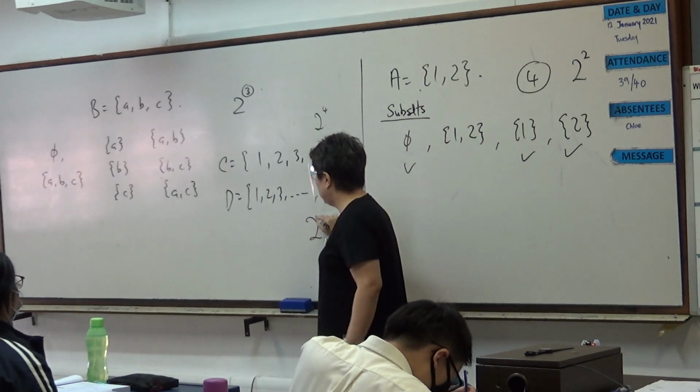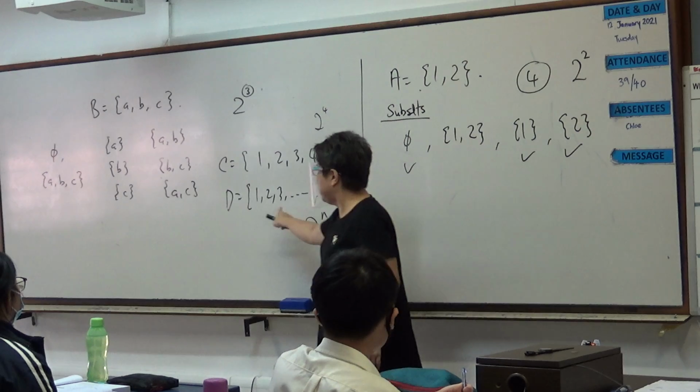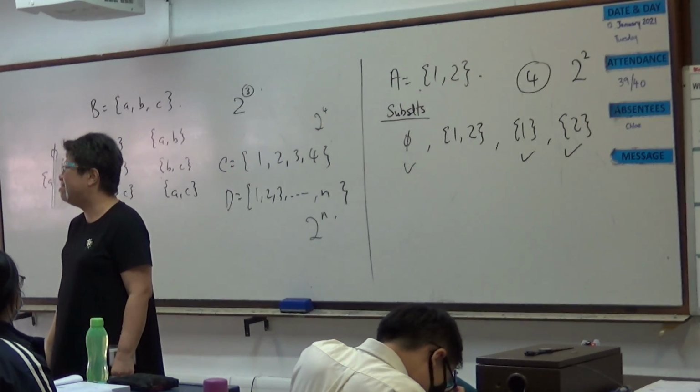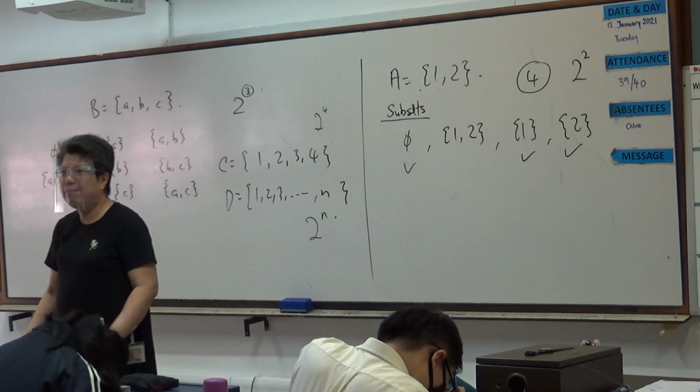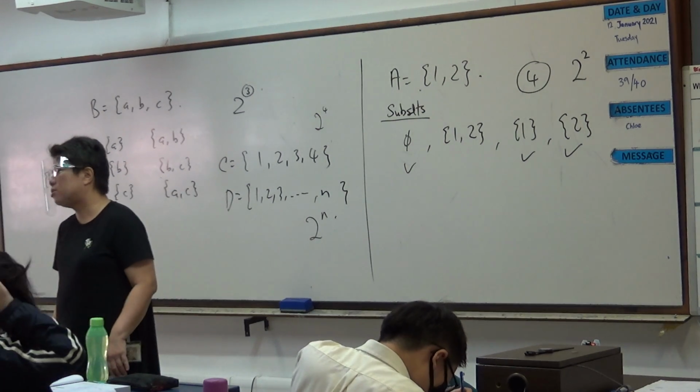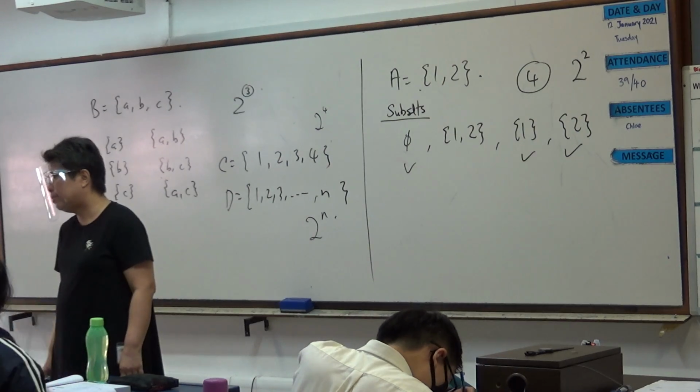The number of subsets will be 2 to the power of n, depending on how many elements there are. It's not binomial, it's 2 to the power of something only. There's no factorial. This is not a general term.